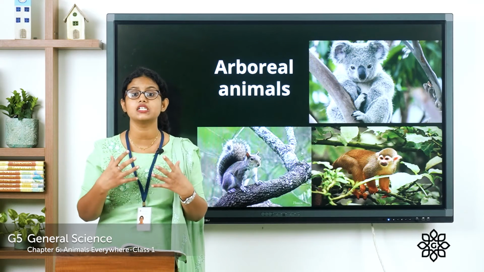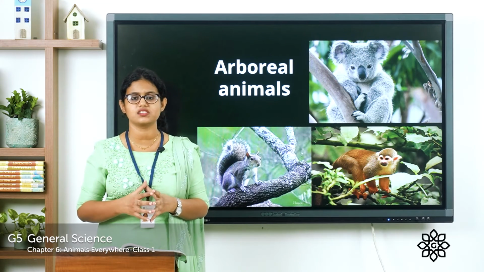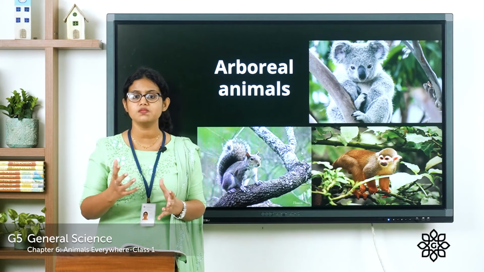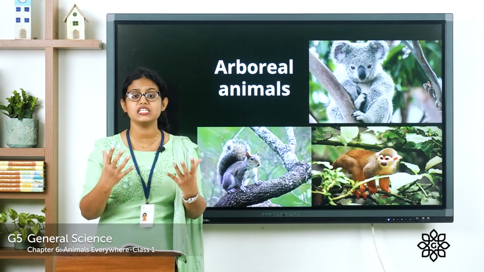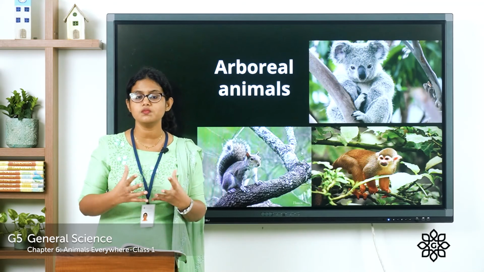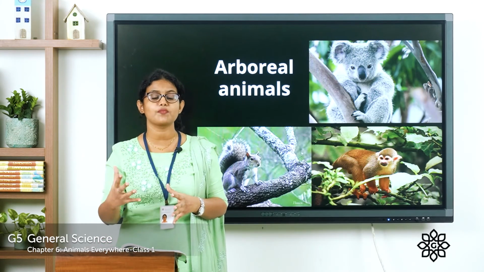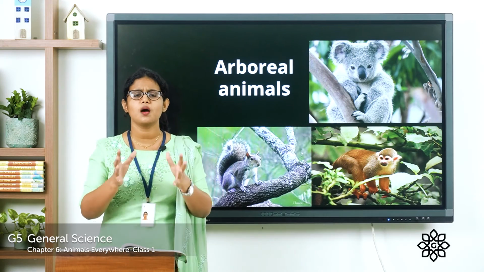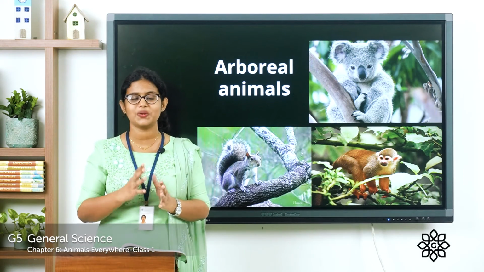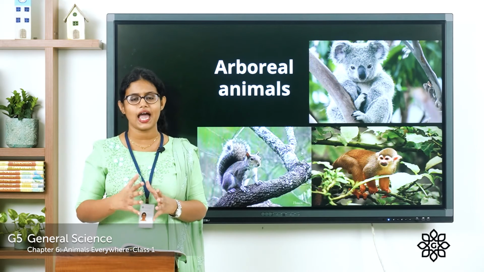They have elongated limbs. You know what is the meaning of elongated? Elongated means long. Limbs means hands and legs together. And these animals have elongated limbs that help them to jump from one tree to another. So animals that spend most of their time on trees, we call them as arboreal animals.